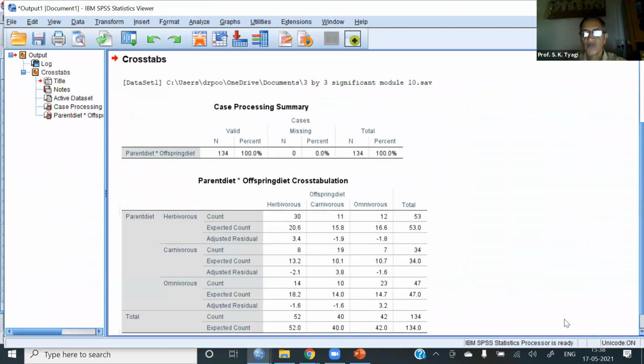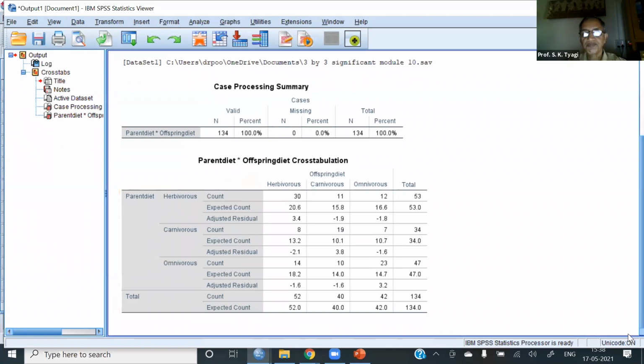So this is the table. Here we have 3.4 adjusted residual, minus 1.9, minus 1.8. One way to interpret it is like we interpreted Z. This is again a sort of Z. So this is significant, this is significant, this is not significant, not significant. 2.1 is significant at the 0.05 level. 3.8, 0.01 level.